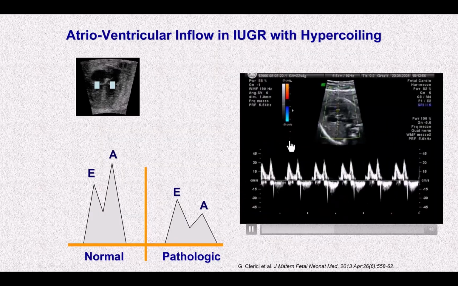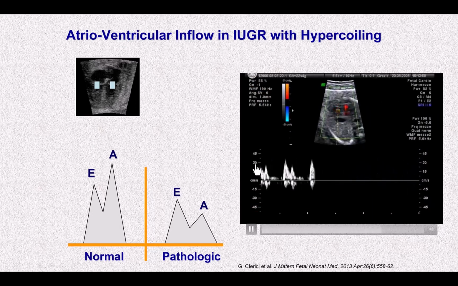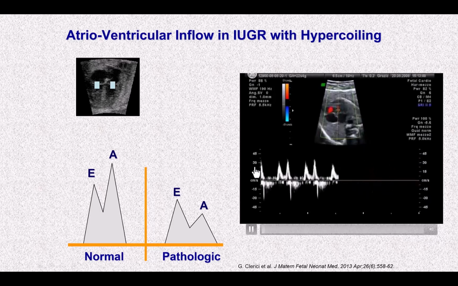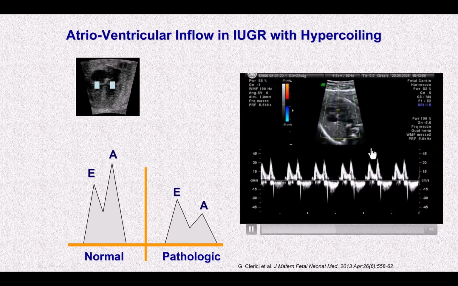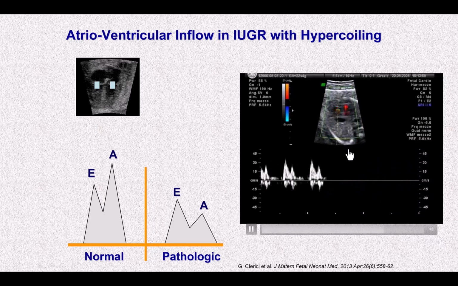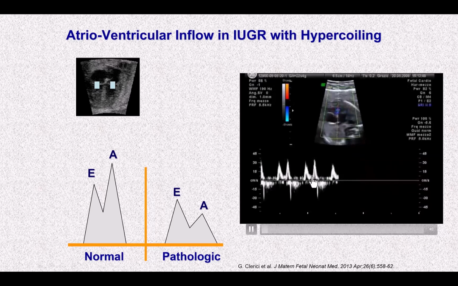If we look at the atrioventricular inflow, we can see a pathological waveform profile in the right side of the heart with an inversion between the E and A waves that is characteristic of the decompensating phase that I showed you in the typical cascade of hemodynamic events in IUGR fetuses.